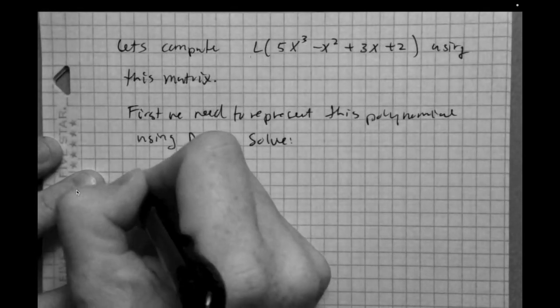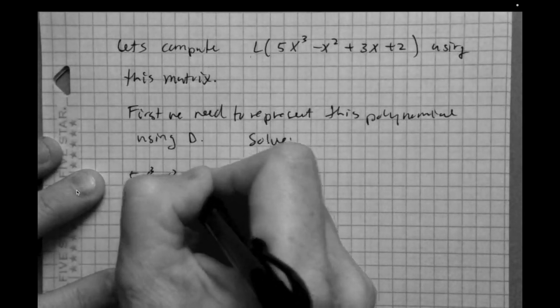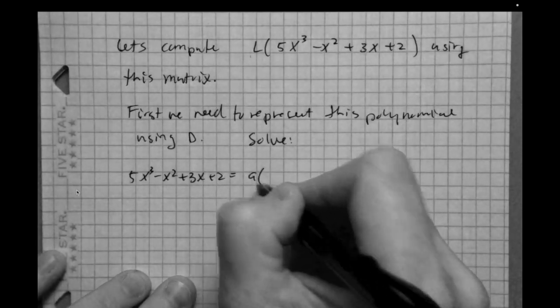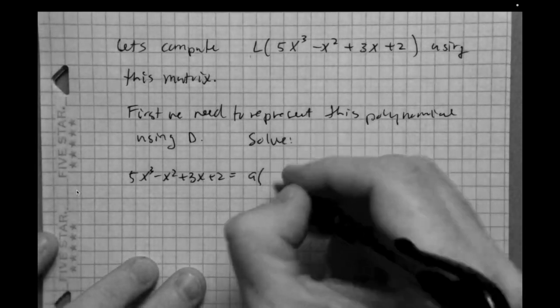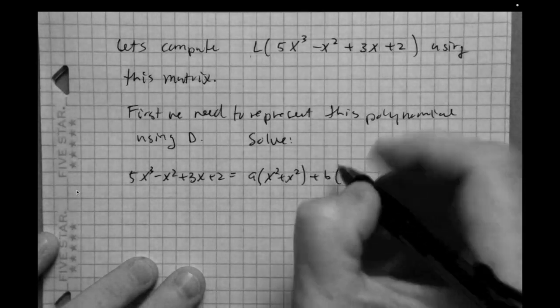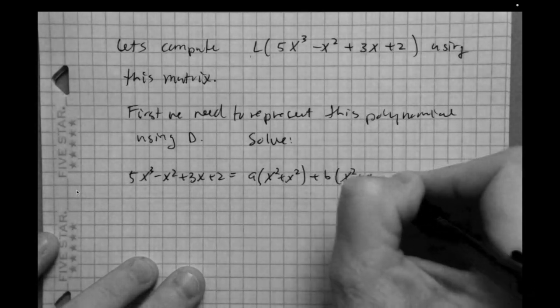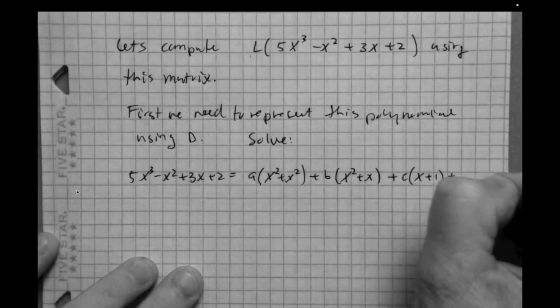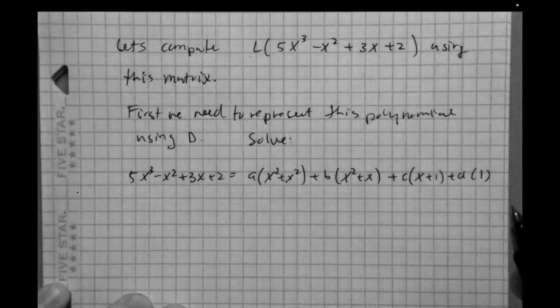Well, we take the polynomial 5x cubed minus x squared plus 3x plus 2, and we have to solve a times the first basis vector, which is x cubed plus x squared, plus b times the second basis vector, which is x squared plus x, plus c times the third, x plus 1, plus d times the fourth, which is 1.